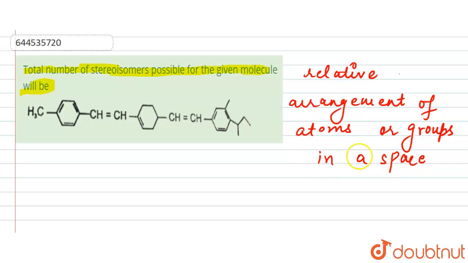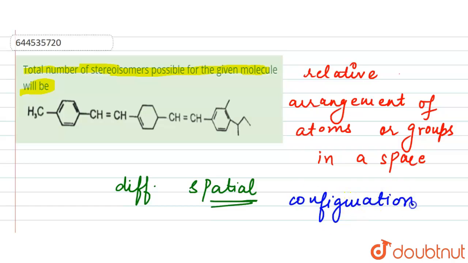We can say that these are compounds which have the same molecular and structural formula but a different spatial arrangement. That is also referred to as the configuration, or we can say that they have a different configuration.